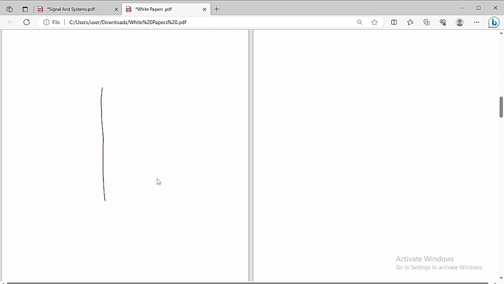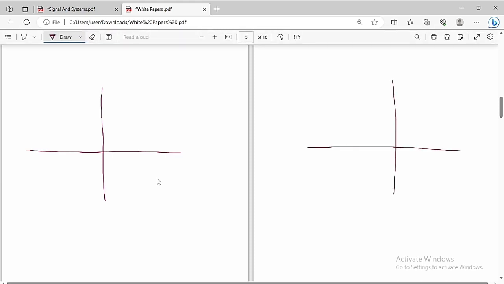Suppose this is the S plane and this is the Z plane. Let me draw the graph so that you can remember this concept for a long time. Suppose I am moving from this side to this side. Suppose this is a unit circle.